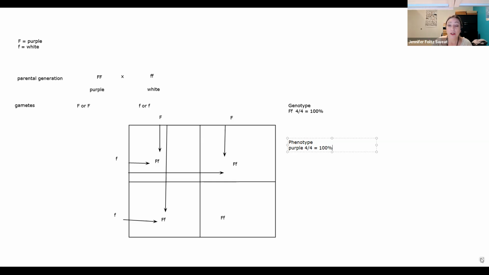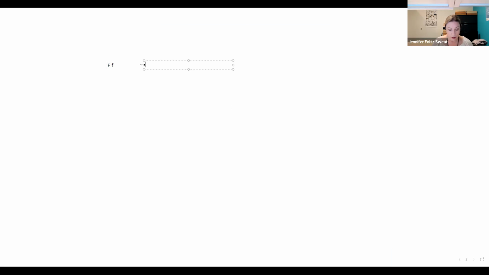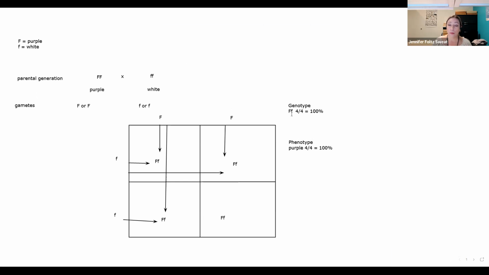That is what Mendel did, but then Mendel took it a step further, and he bred plants from the F1 generation with each other. So we have a plant, I'm going to put a space between here so it's easier to see. Big F, little f times big F, little f. Okay, if you look back here, all of your F1s are big F, little f.